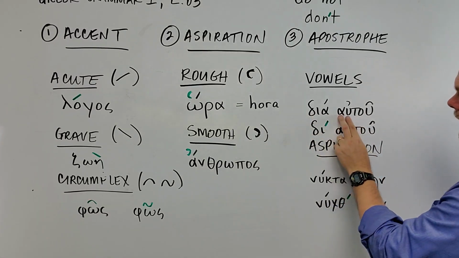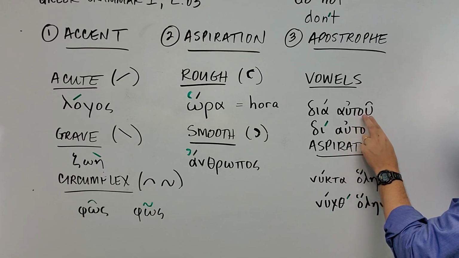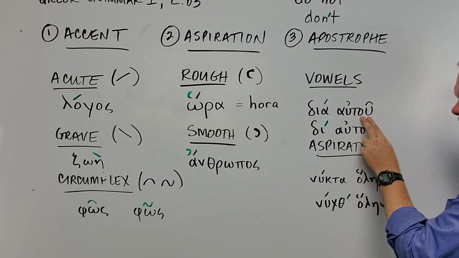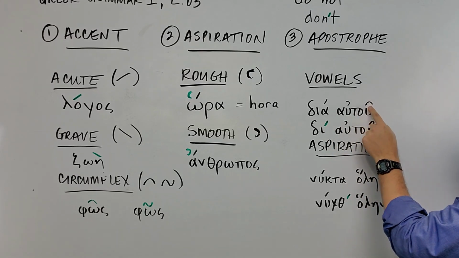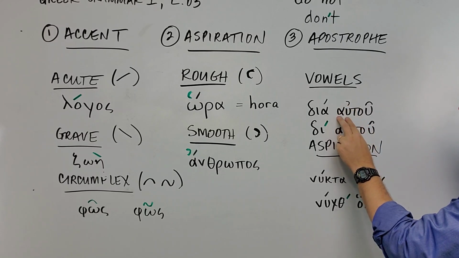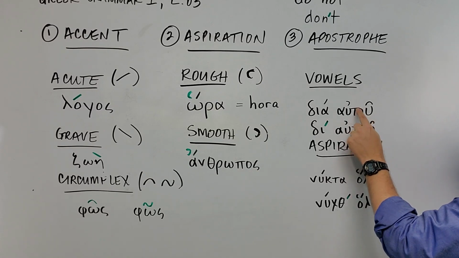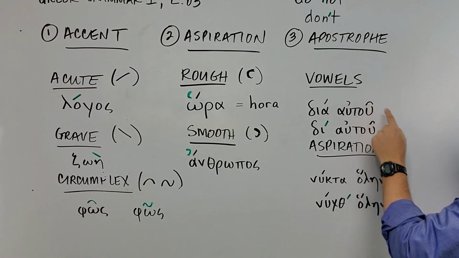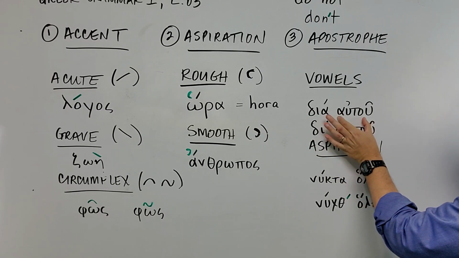Dia, au, then we have tau, omicron, upsilon. This is another diphthong. Au, tu. Notice the circumflex accent. Au, smooth breathing. Tu. Circumflex accent. Dia, au, tu.